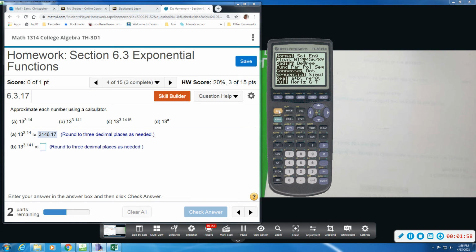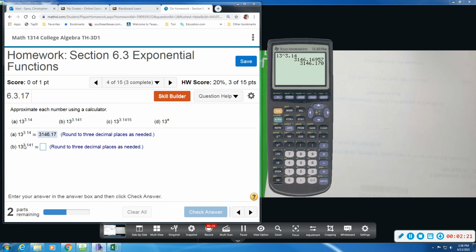If I go second and quit and just hit enter on this answer, it rounds it to 3 decimal places, 3146.170. All right, so I'm going to go back to mode and take it off. I'm just going to go down to float and hit enter so that I round it myself.